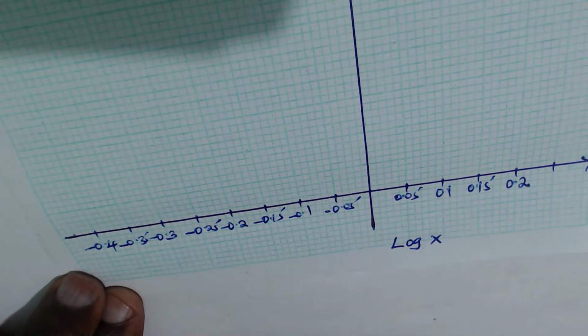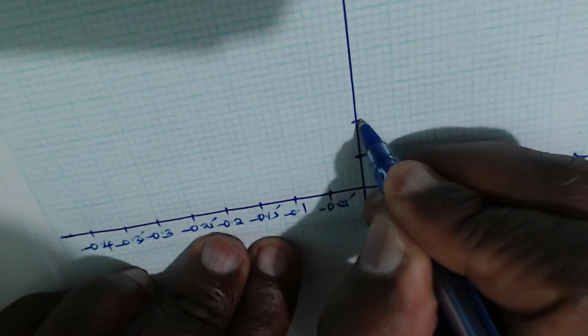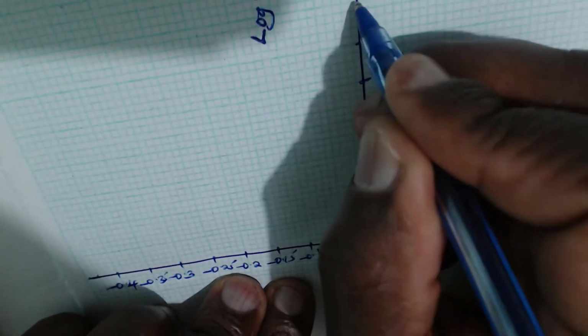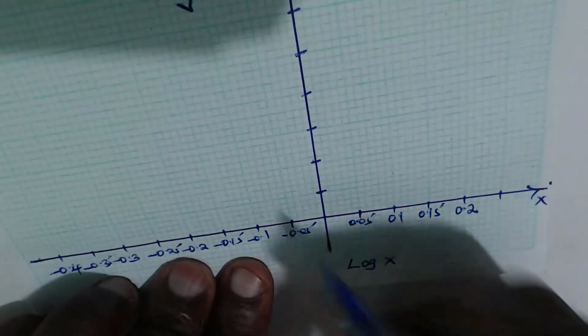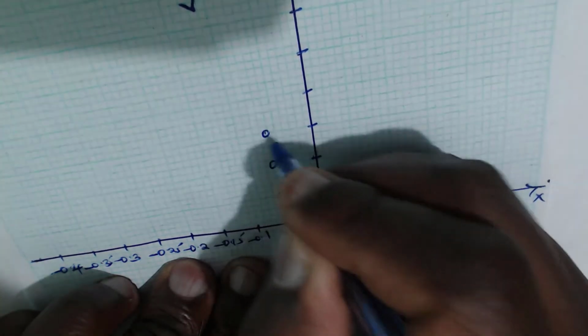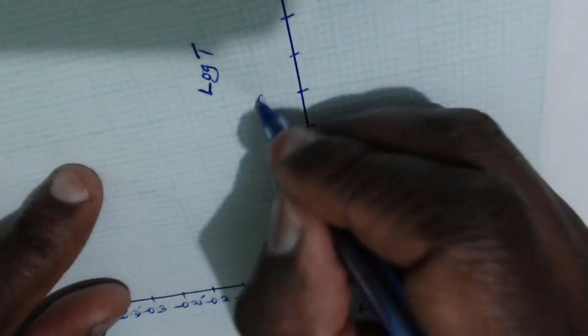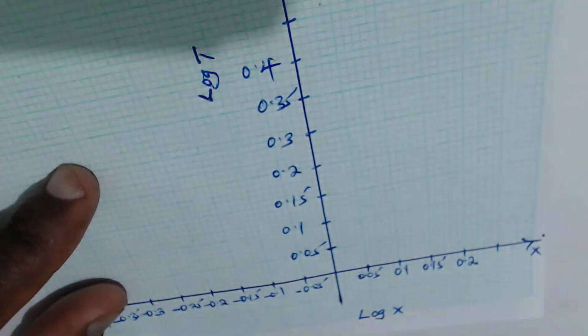We have log x. Then for the y-axis: 0.05, 0.1, 0.15, 0.2, 0.3, 0.35, 0.4.